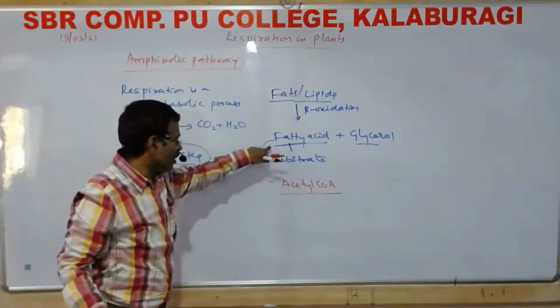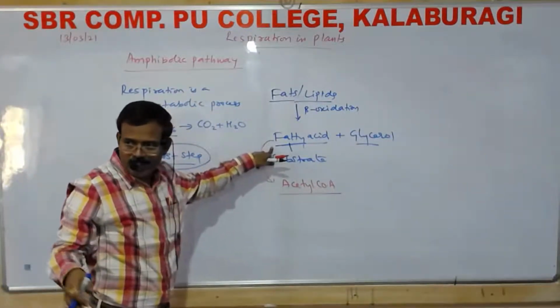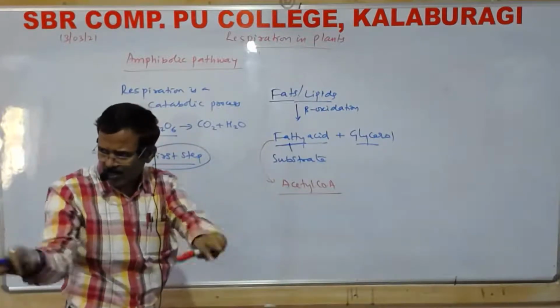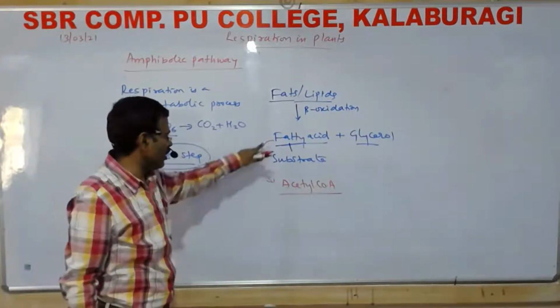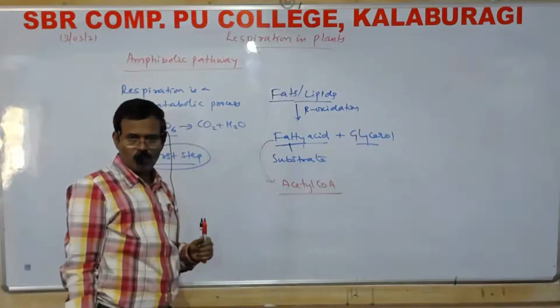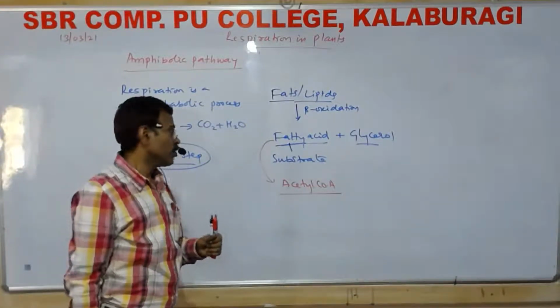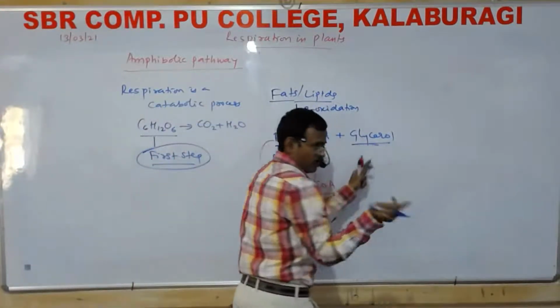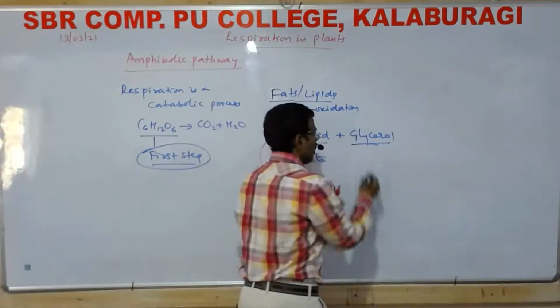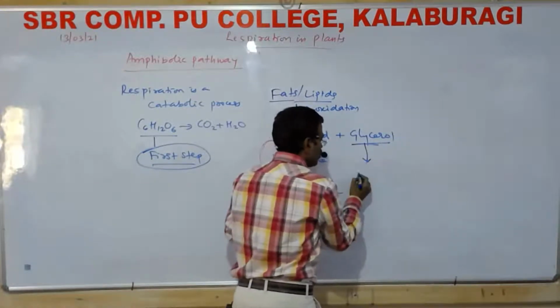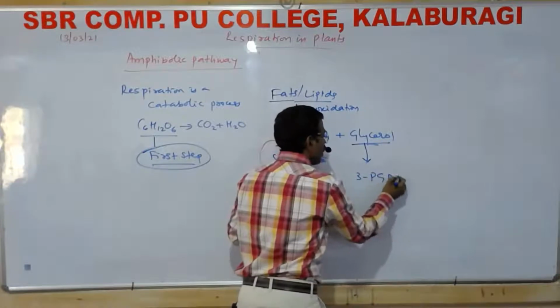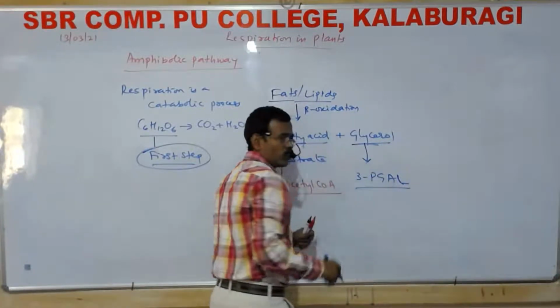That means if fatty acid is the substrate, glycolytic steps are not required. Directly, it is converted into acetyl coenzyme A. Suppose glycerol is the respiratory substrate, it is converted into 3-PGAL, 3-phosphoglyceraldehyde.